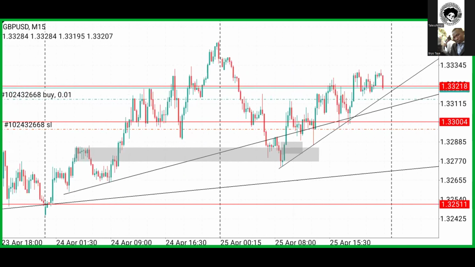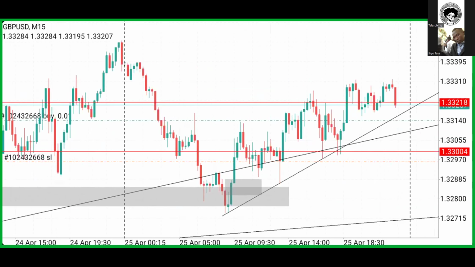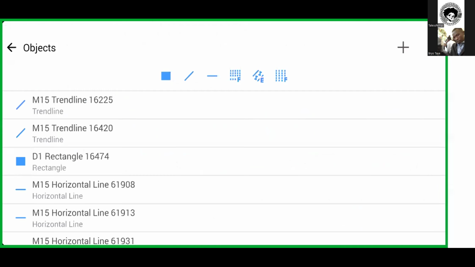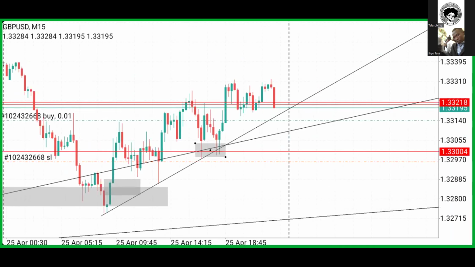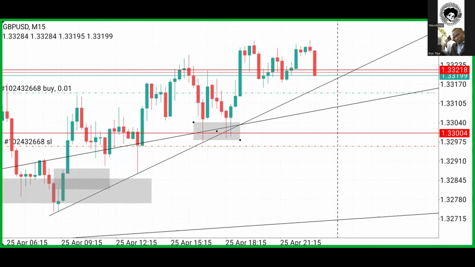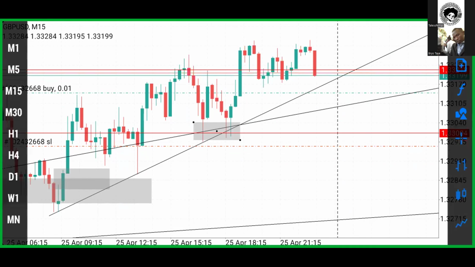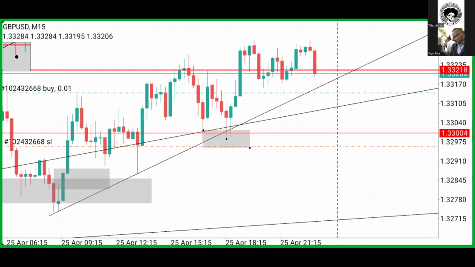Then the second one I took was here, though I was topped out. Topped out as in I reduced my stop loss size here. Then I entered again this week, entered from here, then the week came back. So I entered again from here. That's why you see it coming back for me.